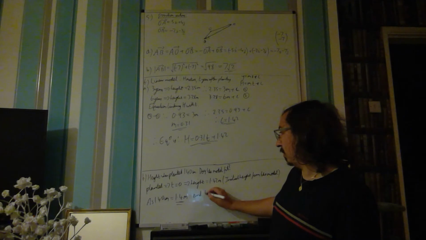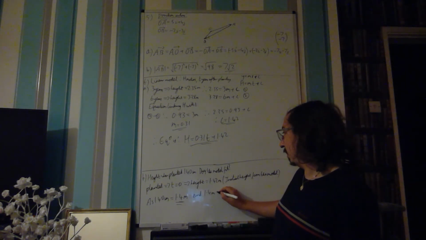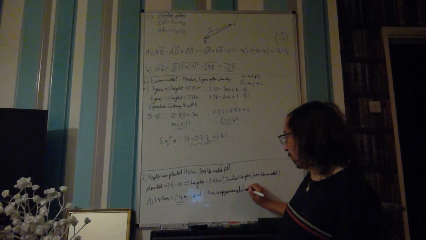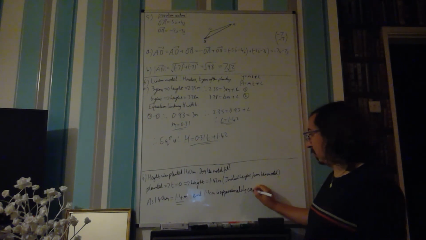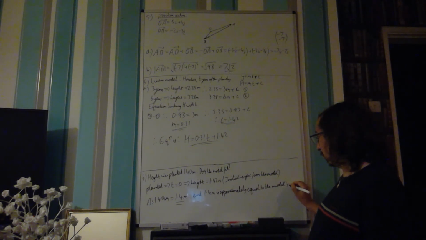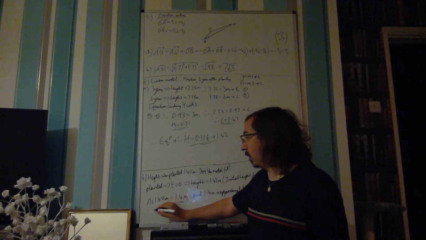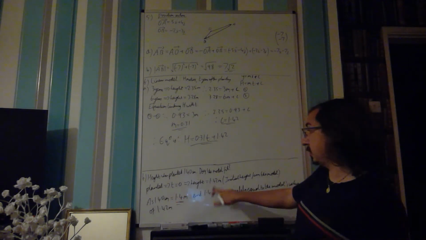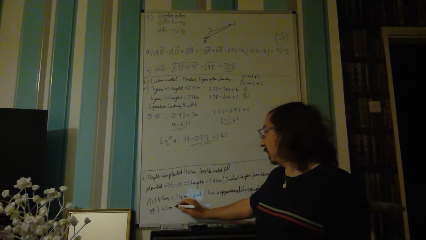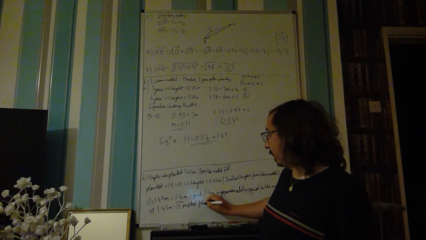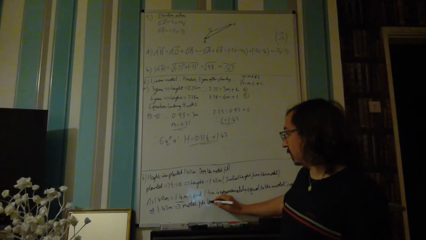And 1.4 metres is approximately equal to the model's value of 1.42 metres. So because those values are very close, this implies our model fits the data, or something along those lines.